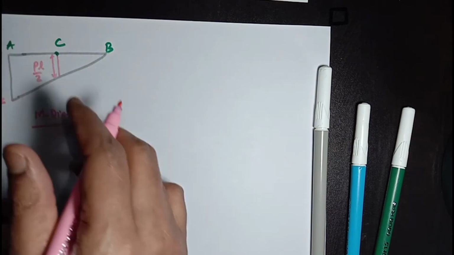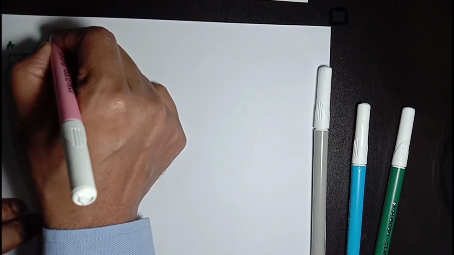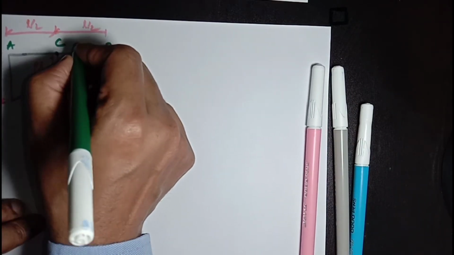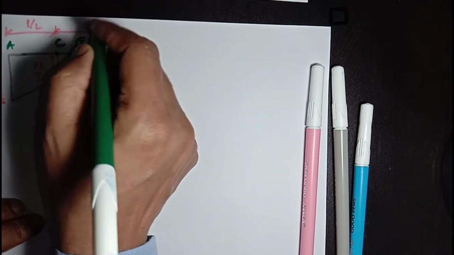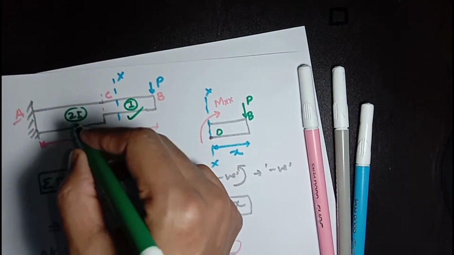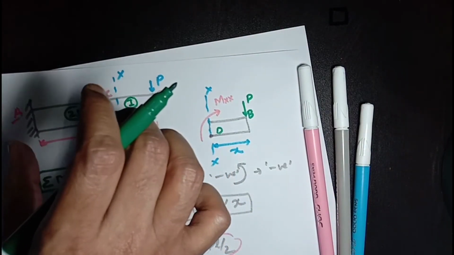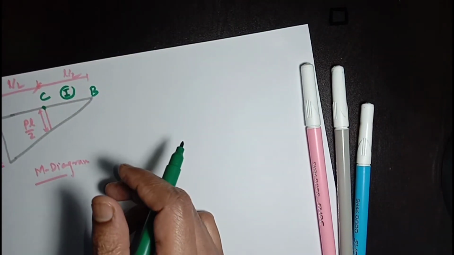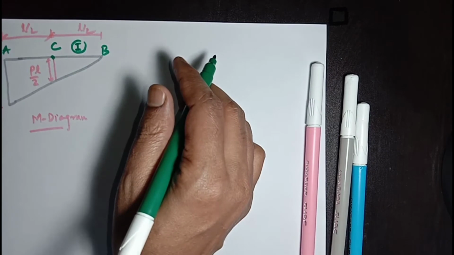Up to this length is L by 2, and this length of the beam is L by 2, total length L. The CB part of this beam has a moment of inertia I, and the CA part has a moment of inertia 2I.